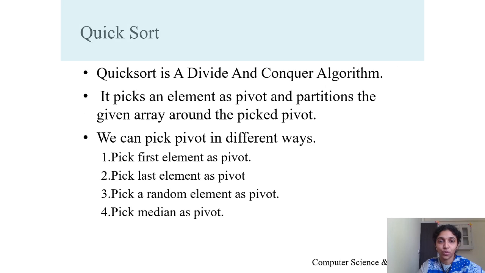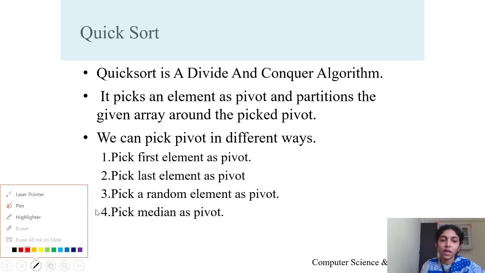So first we should know what QUICKSORT is. QUICKSORT is a divide and conquer algorithm. It is also called the partition and exchange algorithm. Mainly, what happens in QUICKSORT? It picks an element as pivot and partitions the given array around the picked pivot.